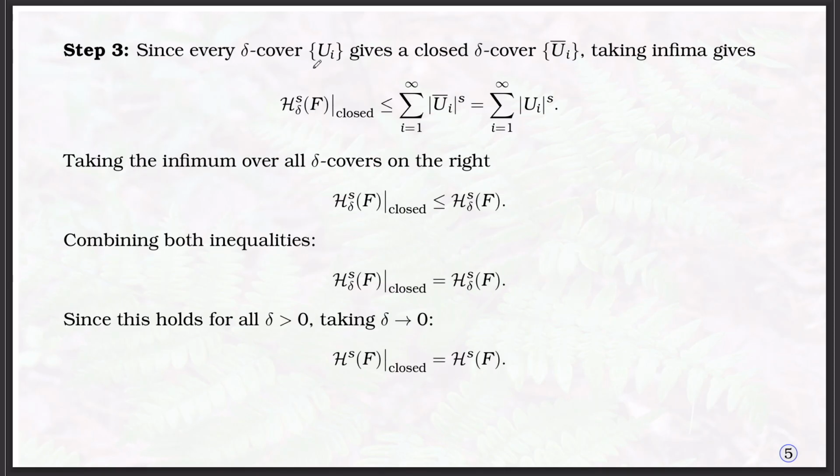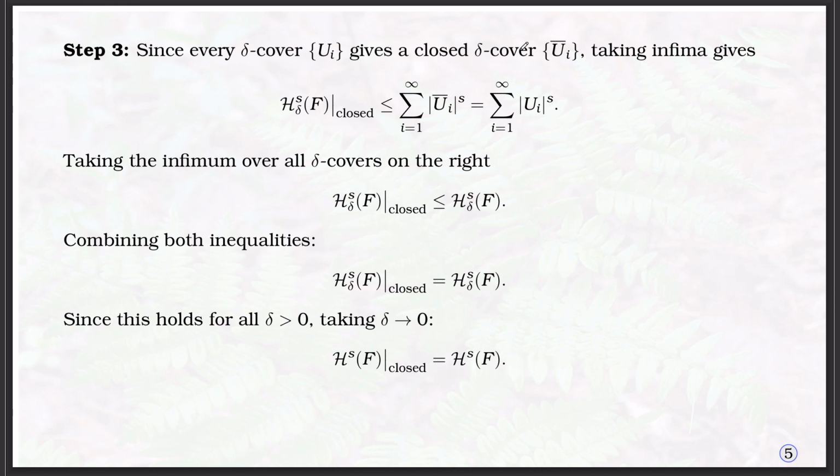Since every delta cover Ui gives a closed cover of Ui closure, taking the infimum gives the s-dimensional Hausdorff measure definition restricted to the closed sets, which is less than or equal to the sum of |Ui| to the power s. This is taking the infimum, so this is less than or equal to this summation, because the infimum is less than all the quantities.